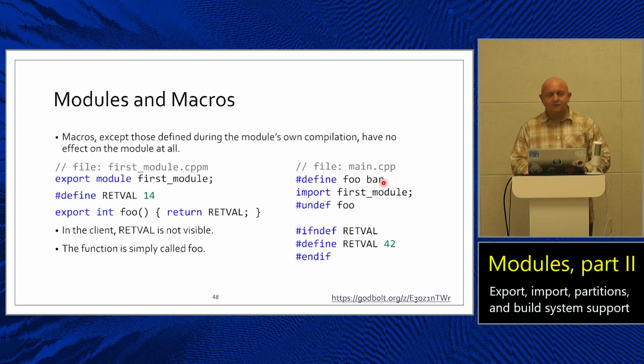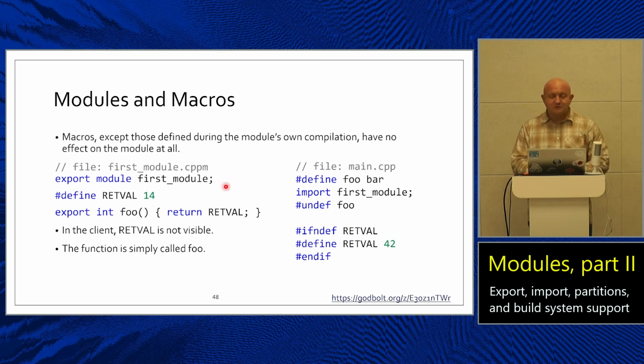First, we define foo to be bar. Then we import this module. And then, if redval is not defined, we define it to 42. And this definition definitely affects this if this were a header. If this were a header, all of this would mess with the declarations inside it.